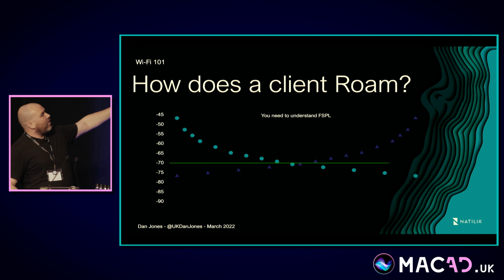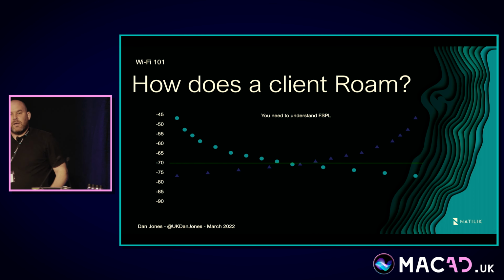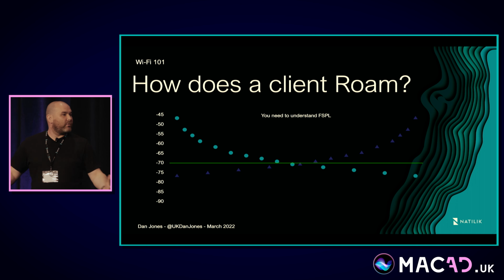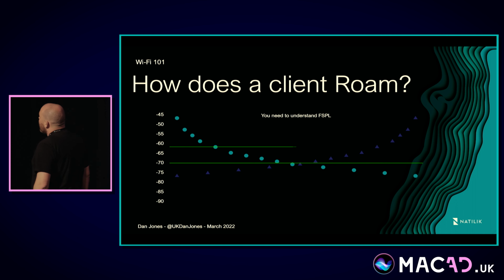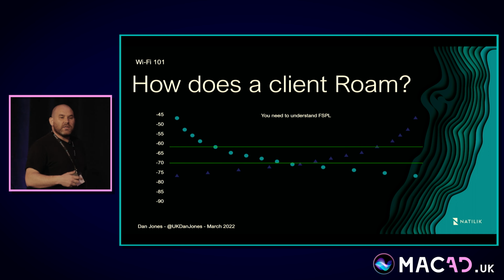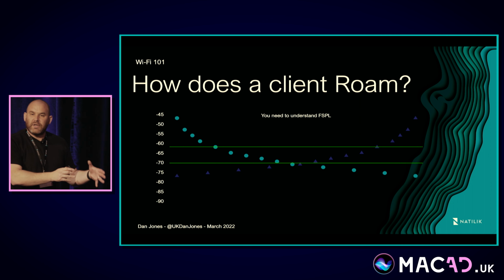What happens is, on iOS, that roam trigger happens at -70 dBm. So when your device hits -70, it goes, oh, right, let's start looking for another AP for me to join. But what it needs, if I'm using data, is an AP that's at least 8 dB higher than what I've currently got.